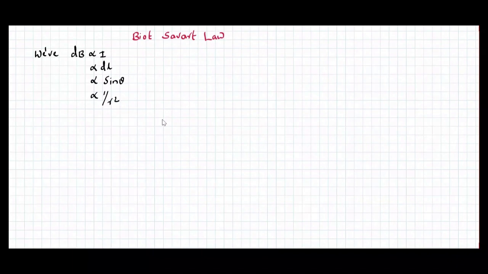That is, dB is proportional to I, dl, sine theta, and 1 by r square. Together, dB is proportional to I dl sine theta by r square.